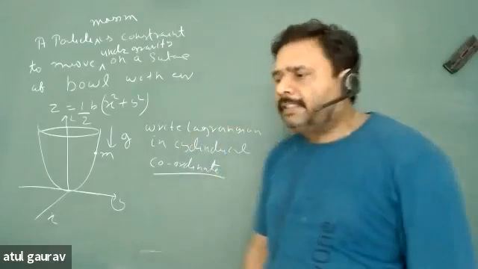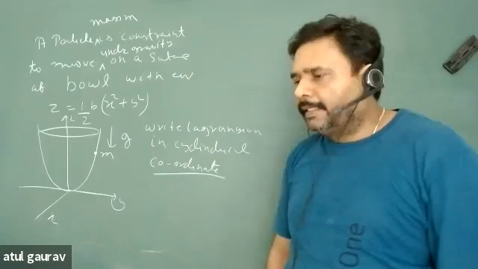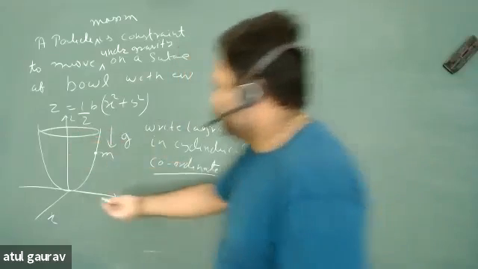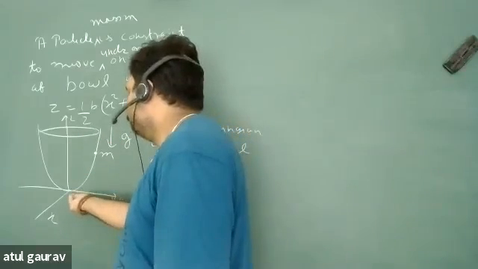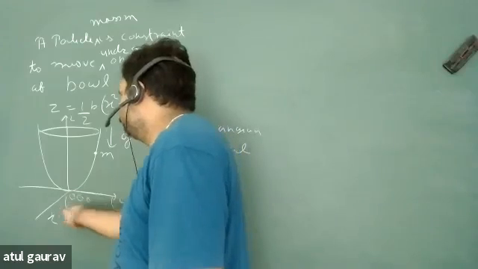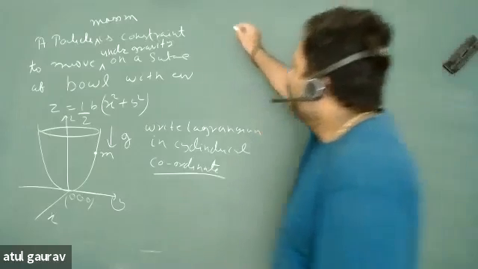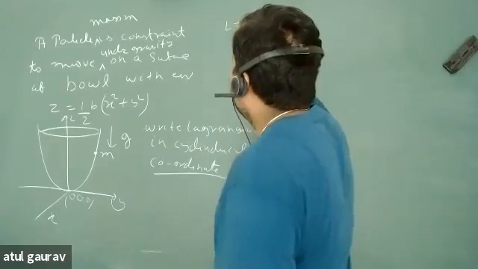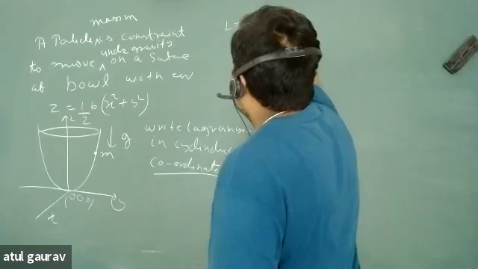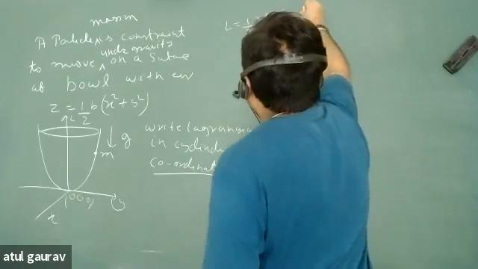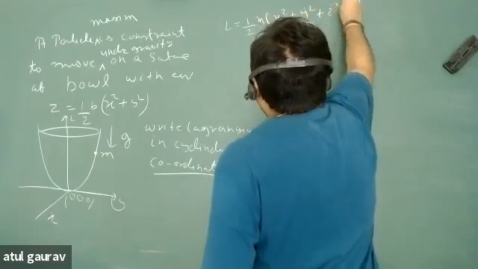So let's try to write the Lagrangian. Obviously, this is my 0, 0 coordinate. First I will write this in the Cartesian coordinate system, because it is well defined.